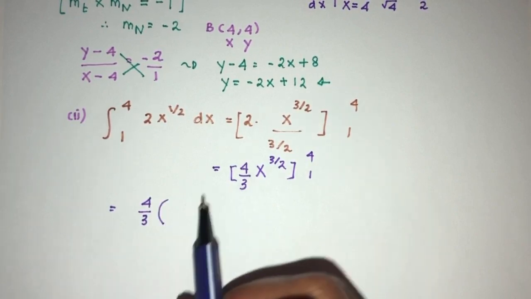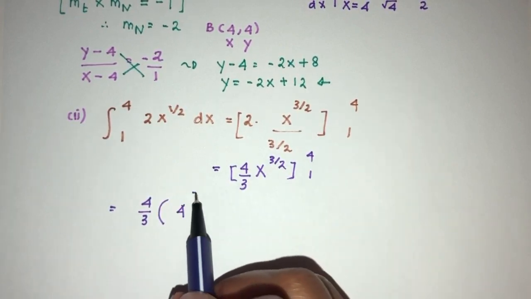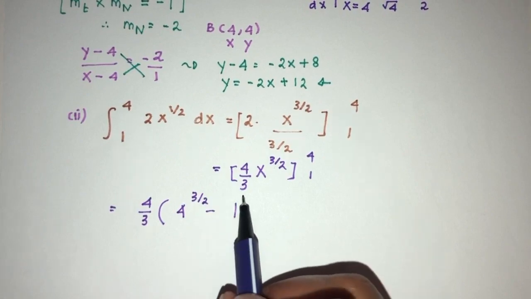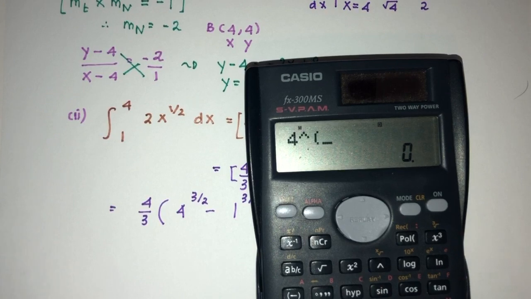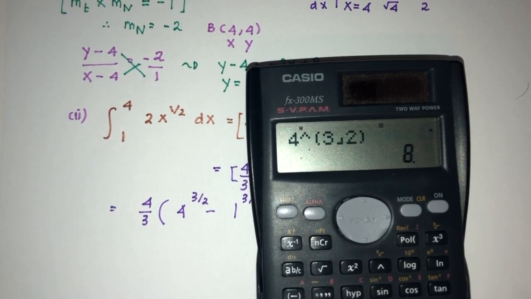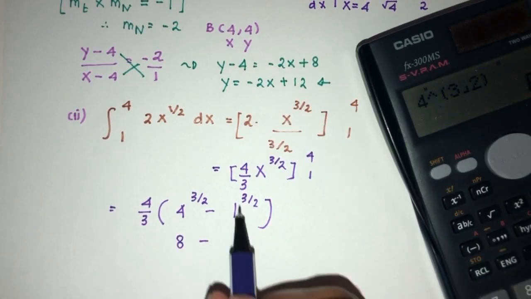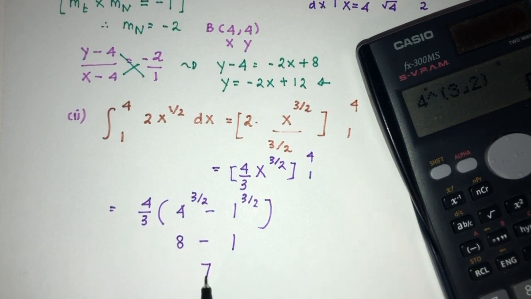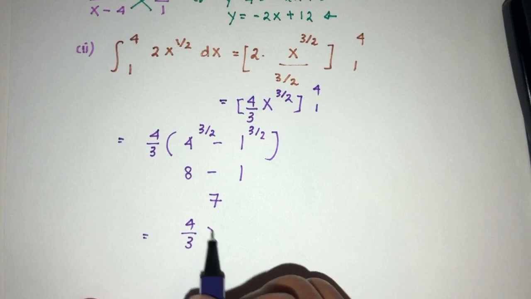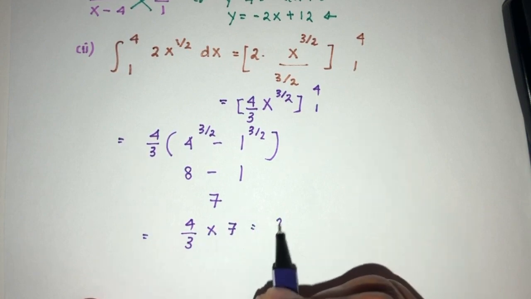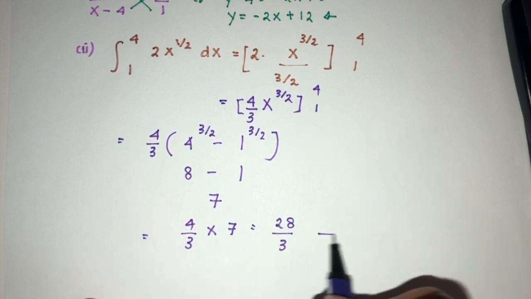And then on the inside we have 4 to the power 3 over 2, minus 1 to the power 3 over 2. So 4 to the power 3 over 2 will be 8. So this is 8, minus this will be 1, that will be 7. So your answer will be 4 over 3 times 7, that will be 28 over 3.